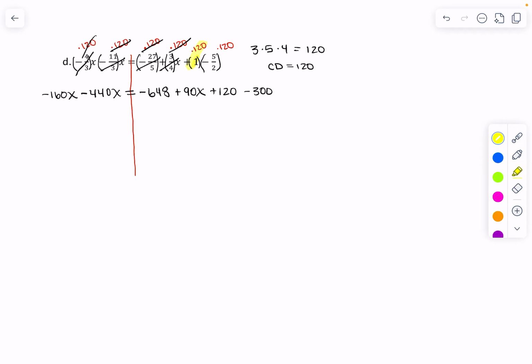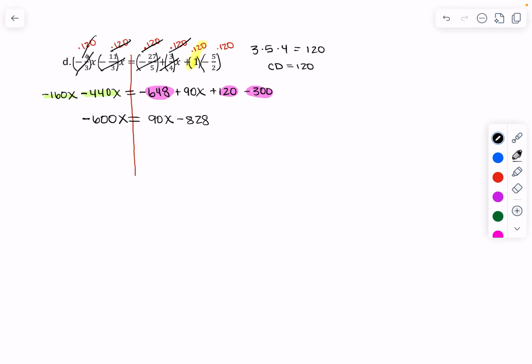I'm going to go ahead and start combining like terms now. On the left side, I've got a like term here and a like term here. Both of those are like terms, so I can simplify -160 plus -440 as -600. Keep the x. On the right side, I've got the 120, the -300, and the -648 as my like terms. So I'm going to just drop down that 90x. -648 plus 120 minus 300 is -828.